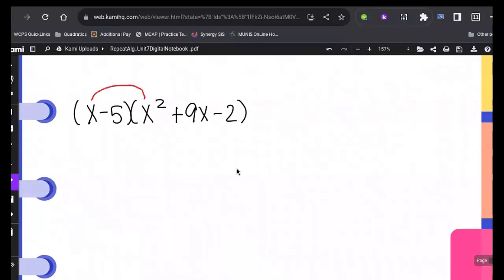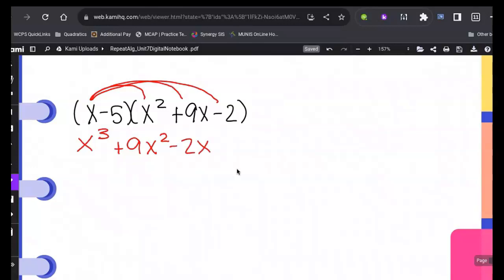So x times x squared, we have a total of 3 x's there. x times 9x, we have 9x to the second power because there's 2 x's there. And then x times negative 2, which is just negative 2x because there's only 1 x.